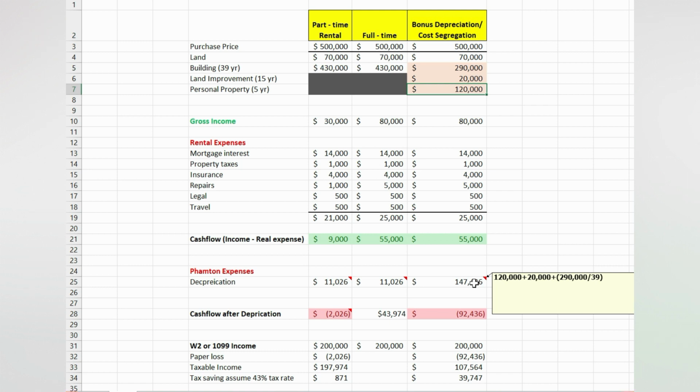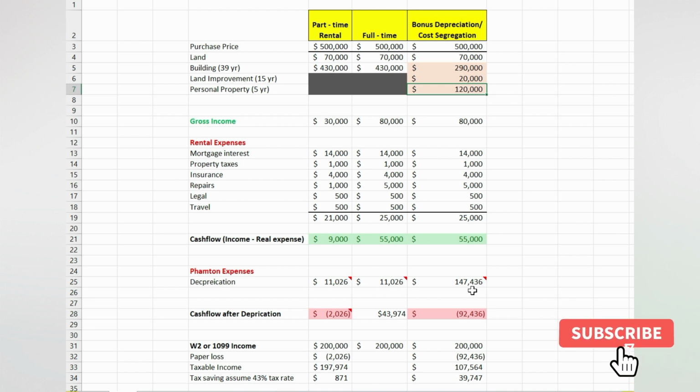You receive 140, but then you also have to account still for your building costs, which you will still receive every 39 years. So for that, you'll also add about 7,000, which from here you will be able to deduct $147,000.